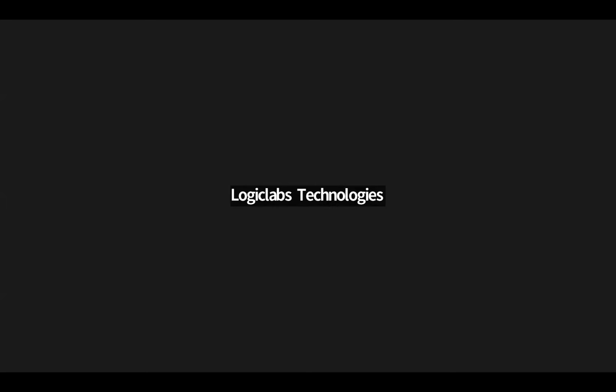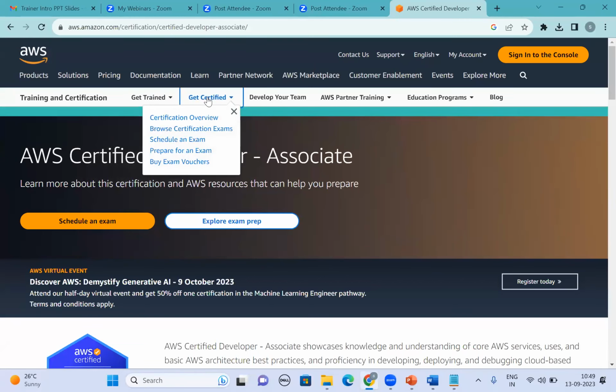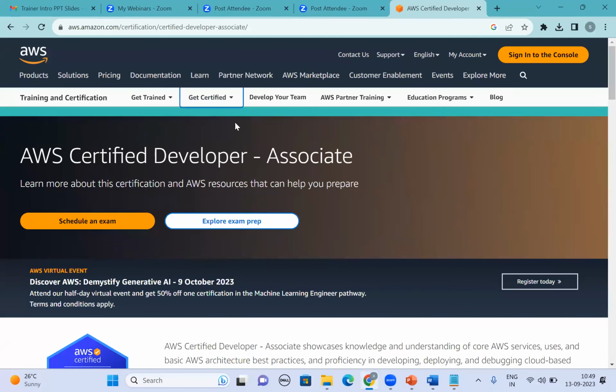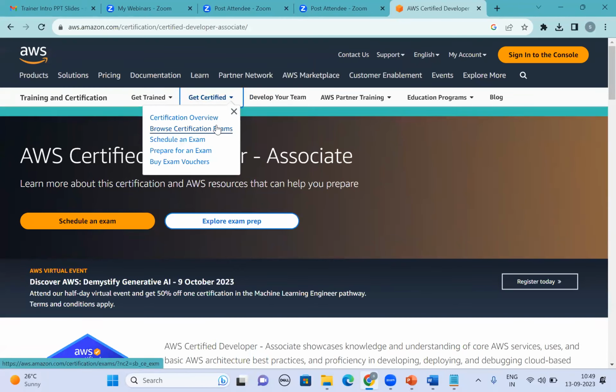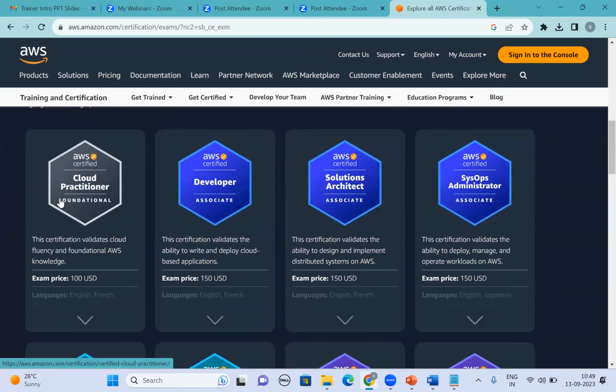Yes, you can give the examination. But one thing I want to clarify, because you're raising the point of the developer exam. Let me share my screen for a second. This is what you're talking about, the AWS Certified Developer Associate. These are the certification examinations: Cloud Practitioner, Developer Associate, and Solutions Architect.